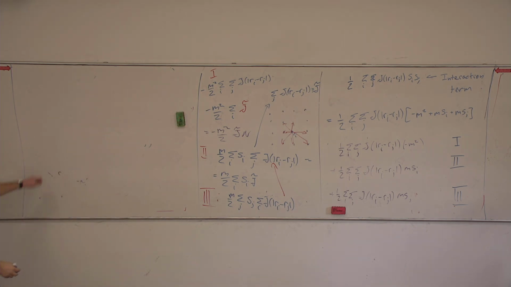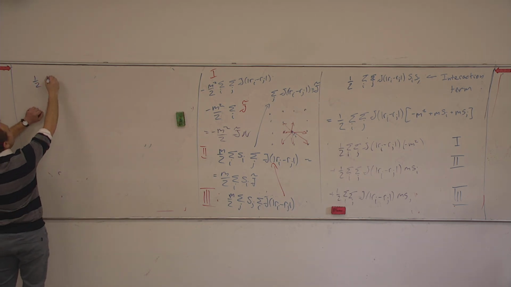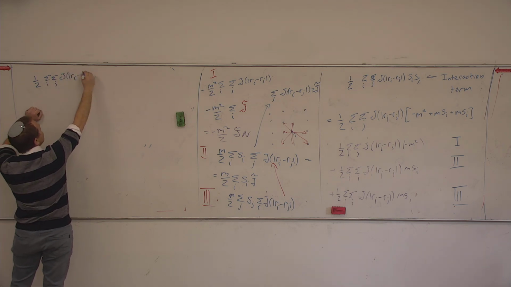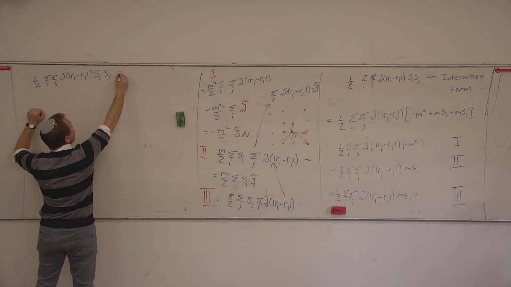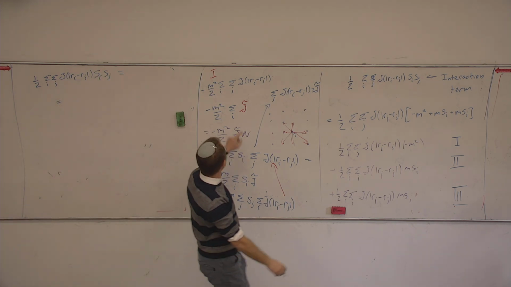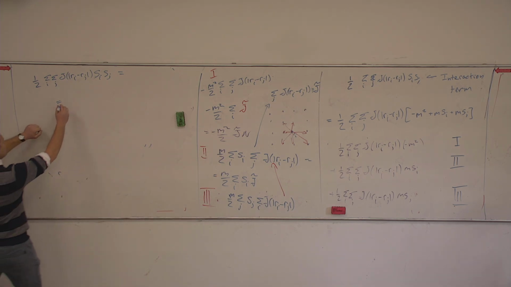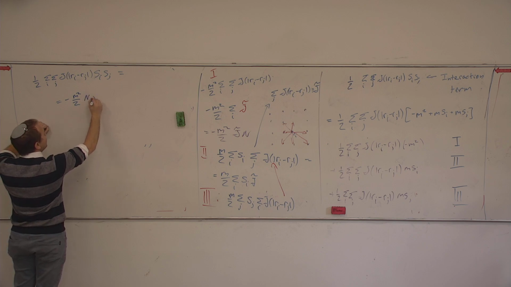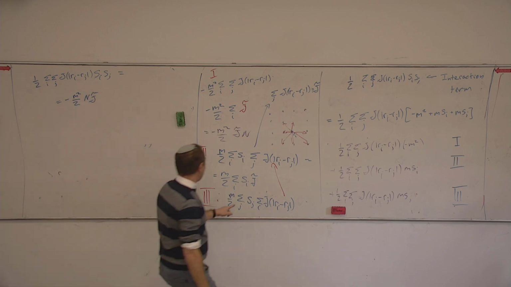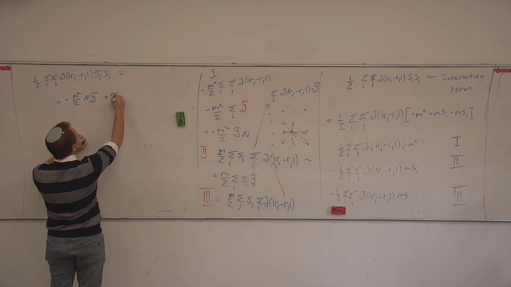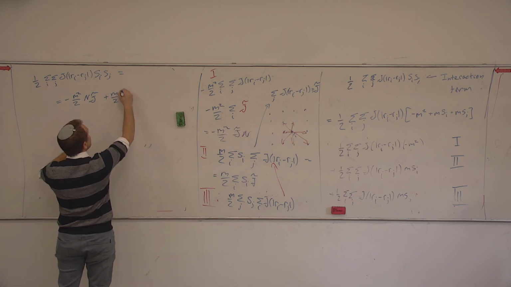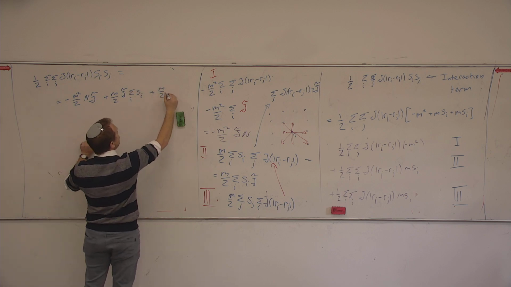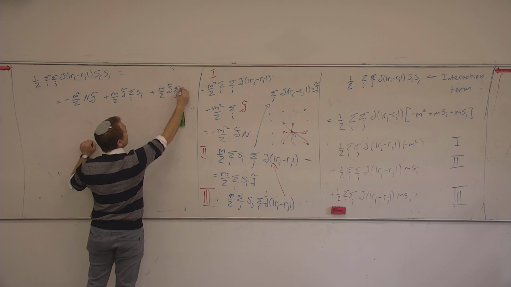So what we eventually have? We have that 1/2, a sum over i, a sum over j, J|r_i - r_j| s_i s_j equals the first double summation minus m squared divided by 2 and J tilde, plus m divided by 2 J tilde sum over i s_i plus m divided by 2 J tilde sum over j s_j.